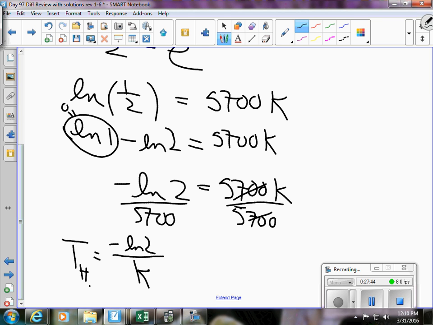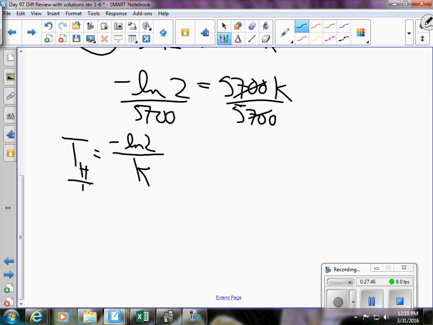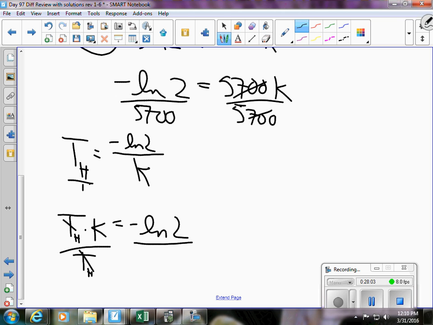If you put this over 1, so the half-life is negative ln of 2 over K. If you cross multiplied and divide by the half-life, time it takes to halve, to get K, the really easy way, it's always negative ln of 2 over the half-life. Or just plug in the 2 and the 1. Do it that way to get K.